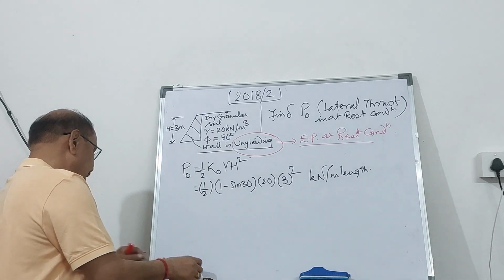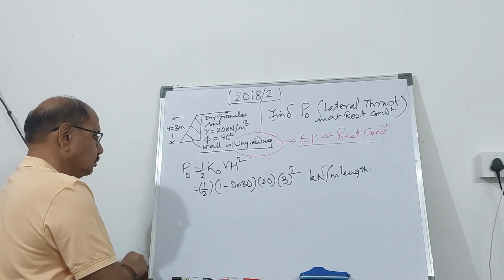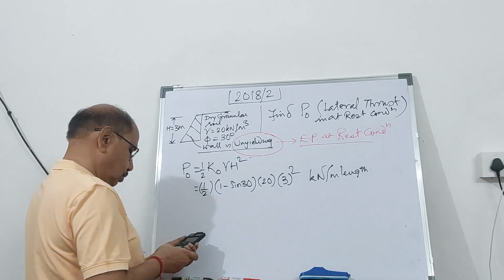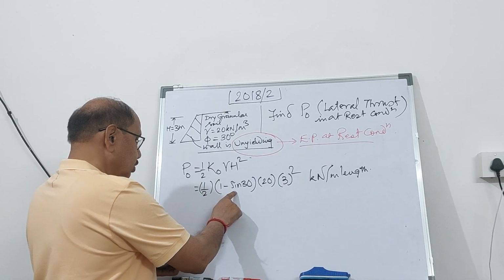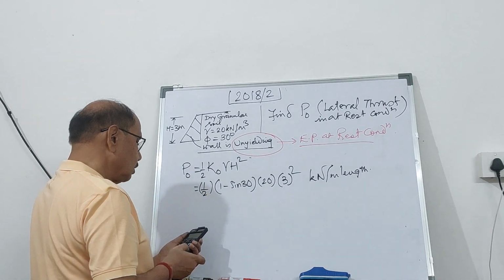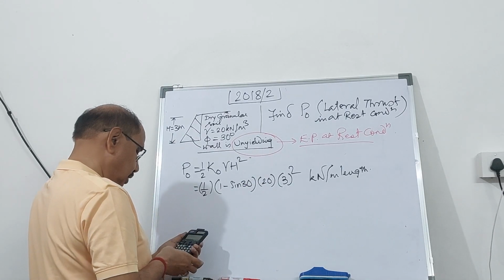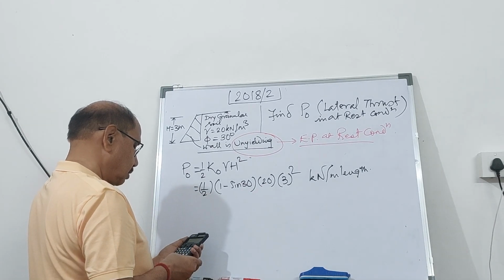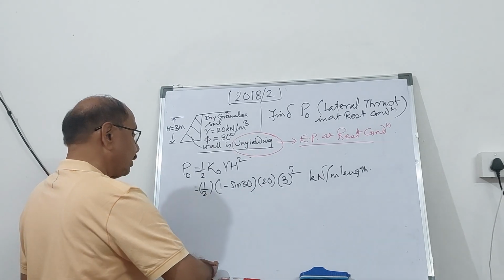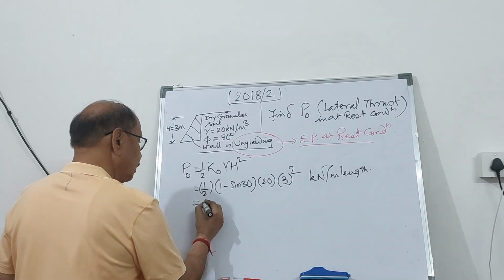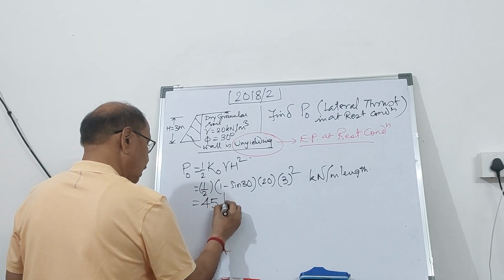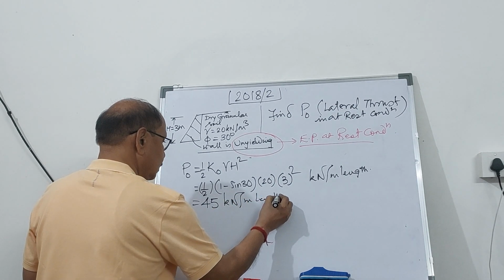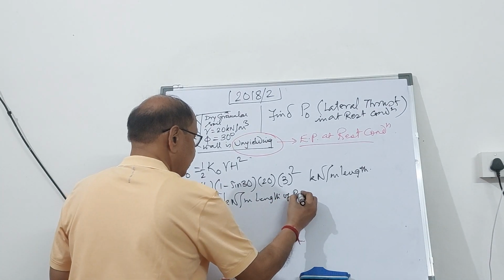So let us calculate it. This becomes 0.5 into this also becomes 0.5. And this becomes 20. And this is 9. This is equal to 45 kilonewton per meter length of retaining wall.